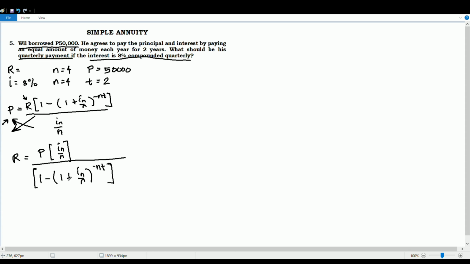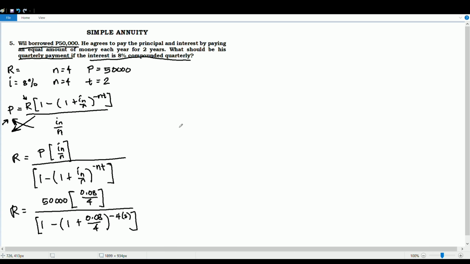And then we can now substitute the values. So we have R is equal to, our P is 50,000 to be multiplied by 0.08 over 4, all over the whole bracket of 1 minus 1 plus 0.08 over 4 raised to negative, our n is 4 by 2.